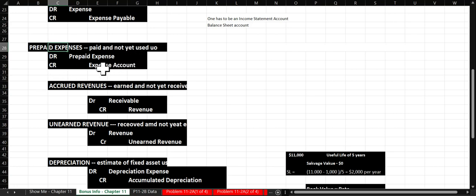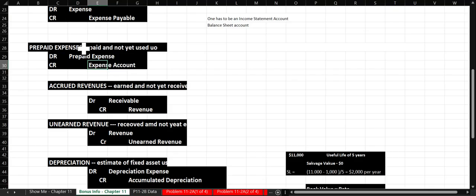And so to do that, we would take the amount that we have not yet used. This is assuming that we originally recorded the item as an expense. So let's say the insurance account had the 5 months worth of insurance recorded. We would take out the 1 month that has not yet been used and put it in a prepaid insurance or generic prepaid expense account. And of course, we would decrease the expense account to account for the amount that is not yet an expense.